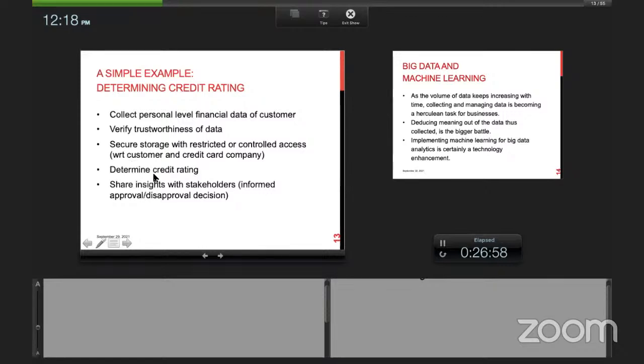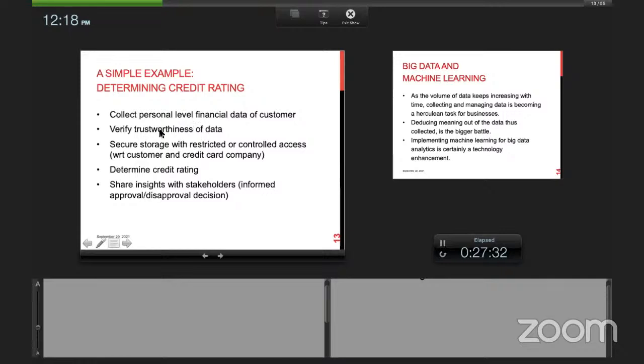So here you are employing all the analytics that you can have, not only regarding this customer and this data, but also maybe the customers who are alike, and some other features you are also taking to determine this credit rating. Now, you are thinking how come security is coming into this? Basically, whenever you are verifying this trustworthiness, a very important part of security is there.